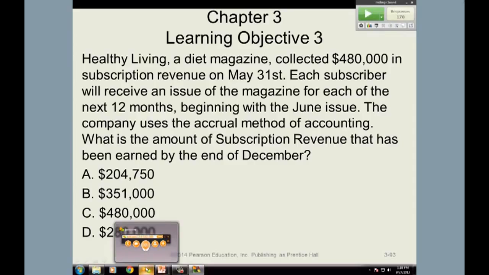This on May 31st. Okay, so that would be the entry they make at that point. And then, of course, on December 31st, they have to record the amount of revenue that is earned. So what's the entry there? Debit the unearned and credit the service revenue.